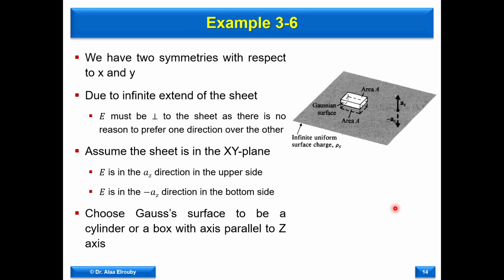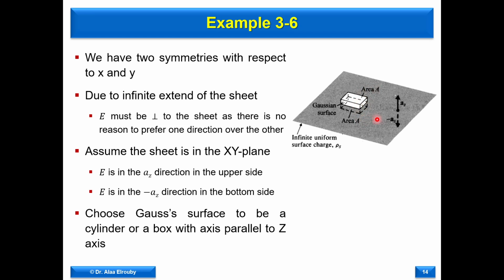The first thing in Gauss's law to think about is the Gaussian surface. How can we choose a Gaussian surface? The Gaussian surface can be a cylinder with its axis along the z-axis, or a cube along the z-axis, or a parallelepiped with its axis along the z-axis.